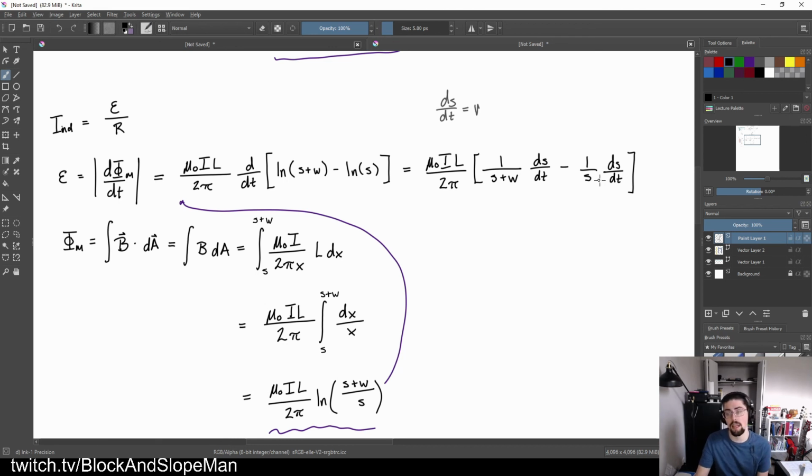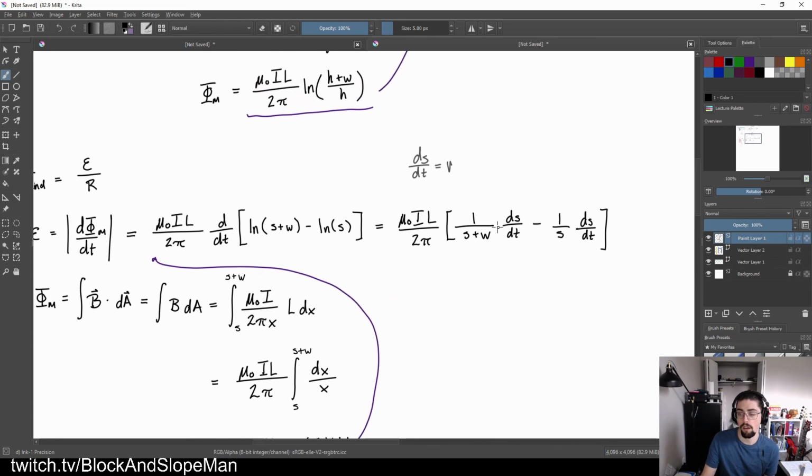This is not the same thing as taking a derivative with respect to s. That would be a different story. I want you to keep that in mind. When we're looking at a lot of these different parts, if I were to take d/ds of s, this would just be equal to 1.